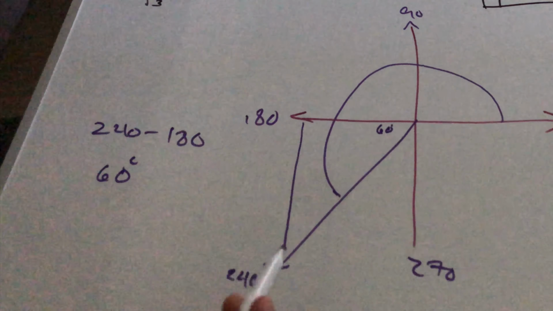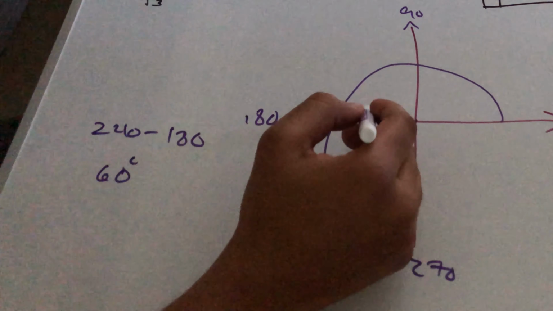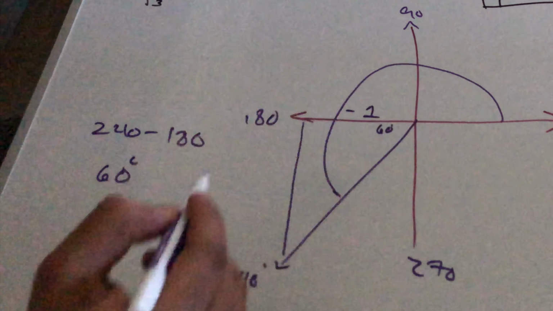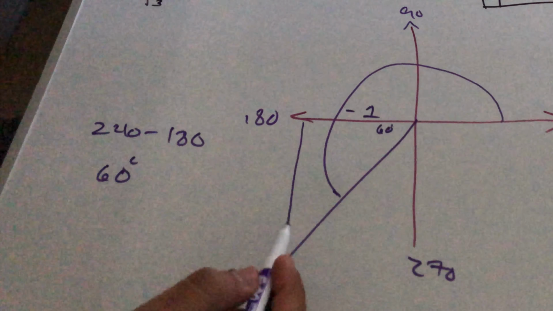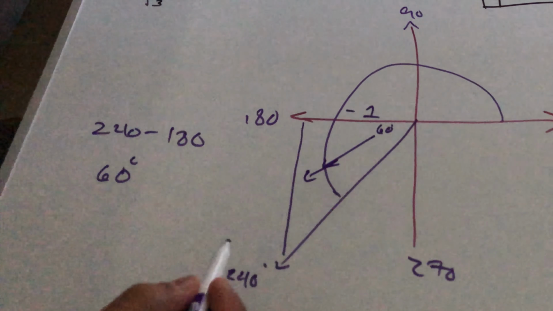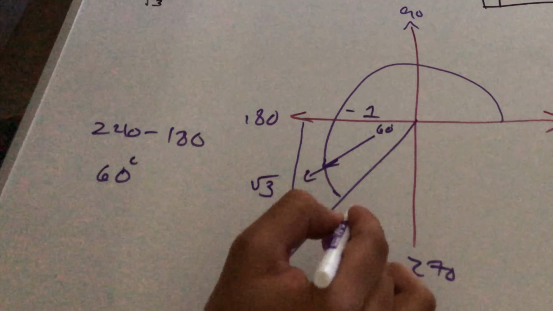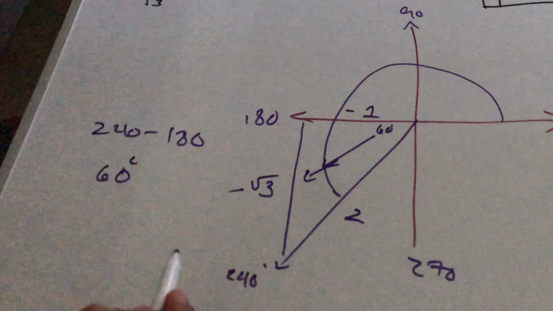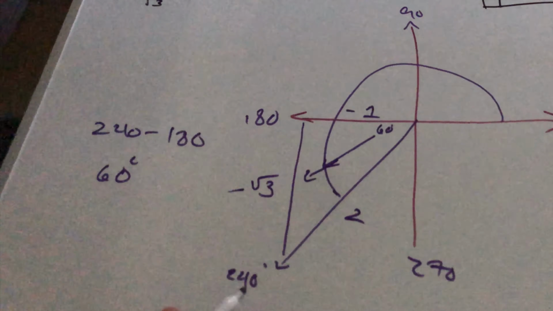If you're looking at it from this point, obviously this is your adjacent side, so this would be 1, but it's a negative 1, obviously. And this side here, opposite of 60 degrees, you're going to get the square root of 3. And this always stays as 2. But remember, everything in quadrant 3 becomes a negative value.